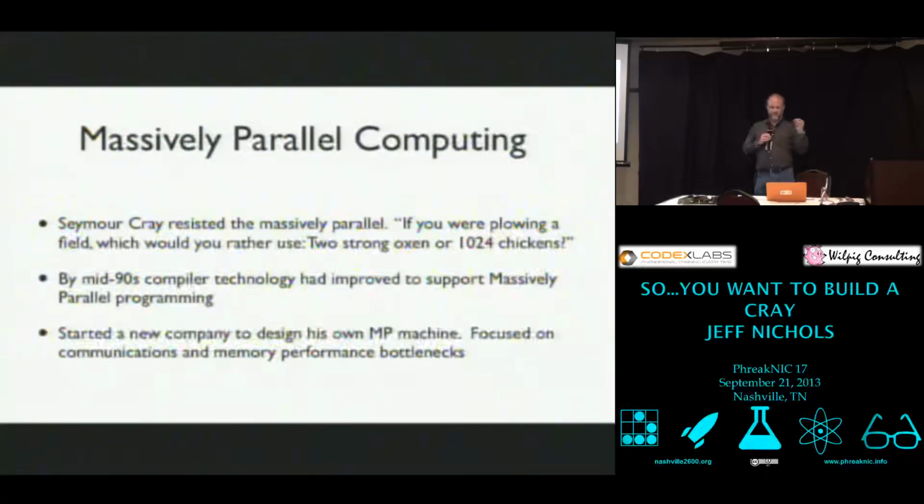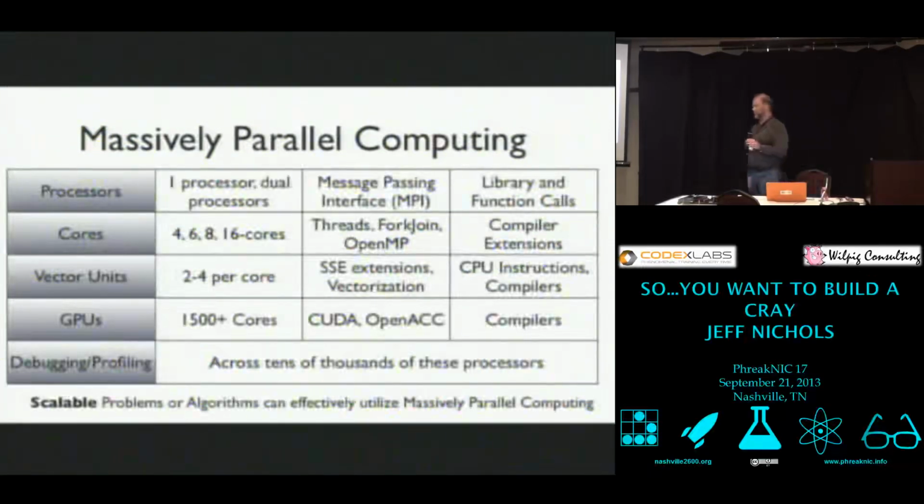And true to his architecting, he wasn't focused on the processors, but on all the bottlenecks around them: the communications, the memory, the bandwidth, the performance. That was no small part of it, and it still remains a focus of Cray.